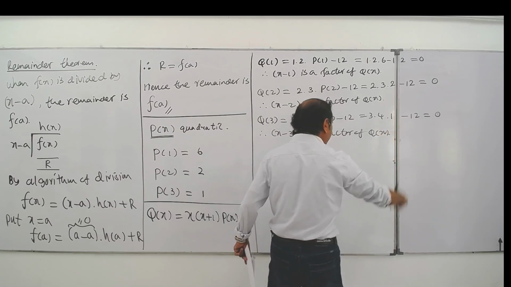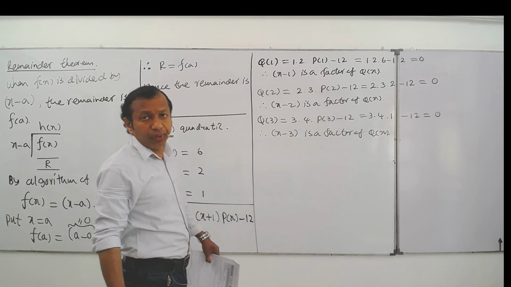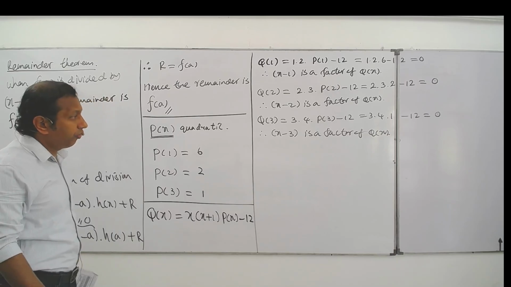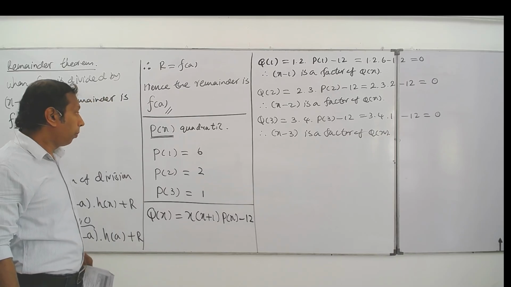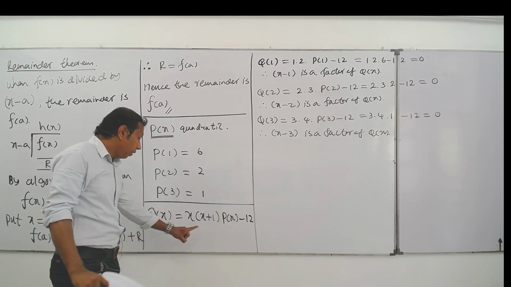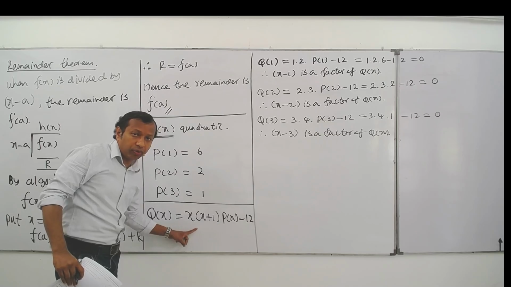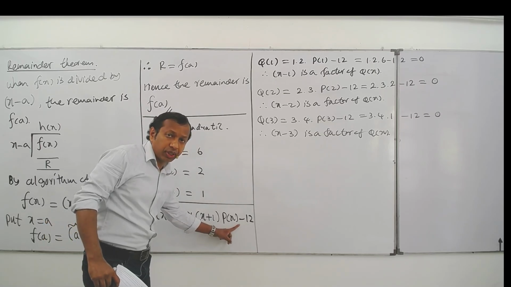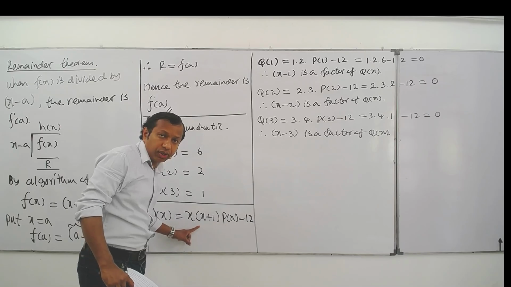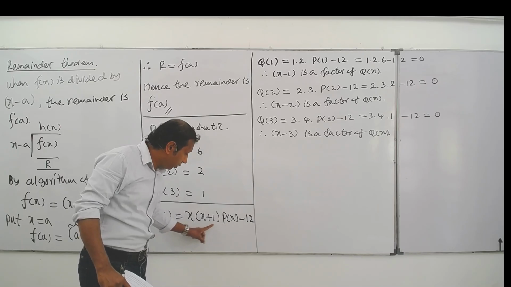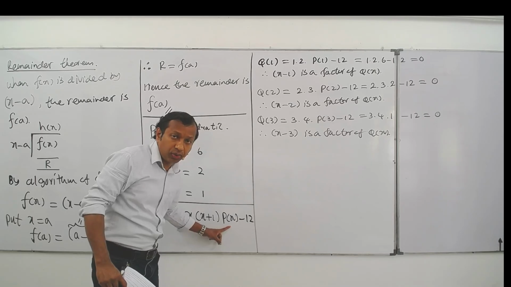So far we have found 3 factors of q(x). But you can very clearly understand here x into (x plus 1) is a second degree polynomial, and p(x) is quadratic, also a second degree polynomial.